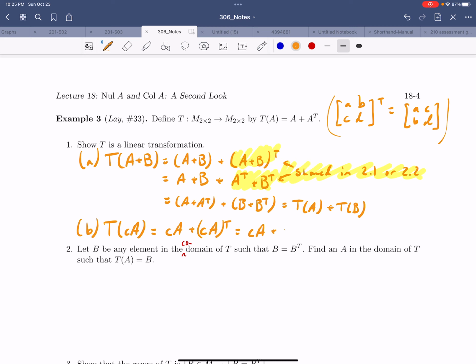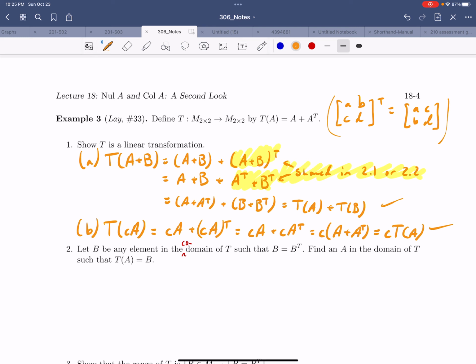This is just the same thing as C times A transpose. You can factor out the C whenever. And then at that point, we can factor out C times A plus A transpose, and that's, of course, the same thing as C times T of A. So these two conditions show that T is linear.